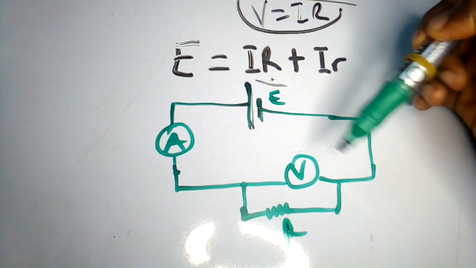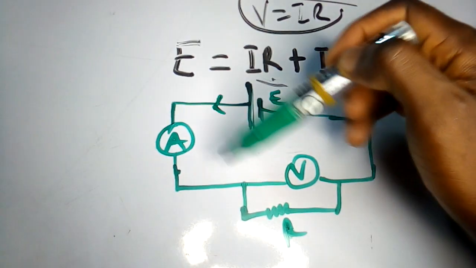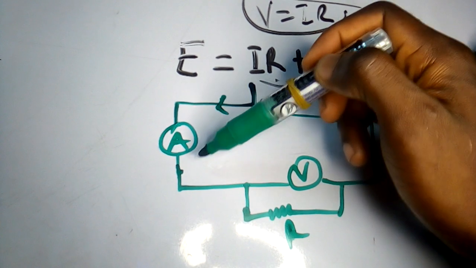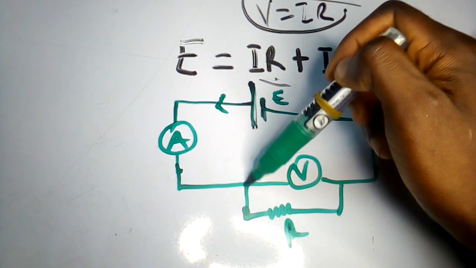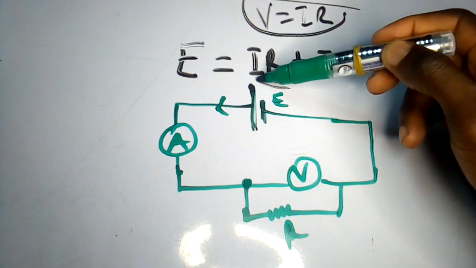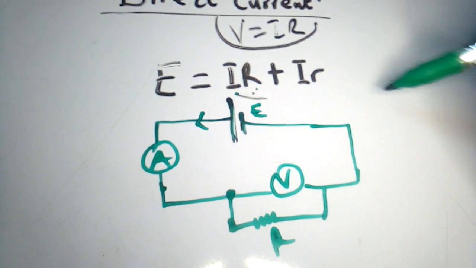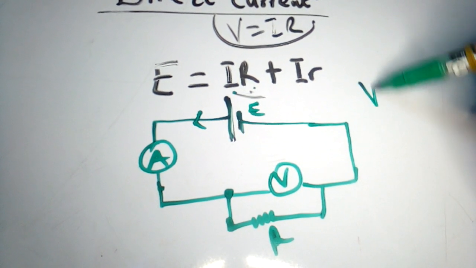Now when current flows out from the battery in this direction, it flows from the positive terminal. The ammeter records the quantity of current in the circuit. By the time it gets here, the voltmeter will measure the potential difference, which is only IR. This particular one, Ir, could not be measured here, so we call it lost voltage.